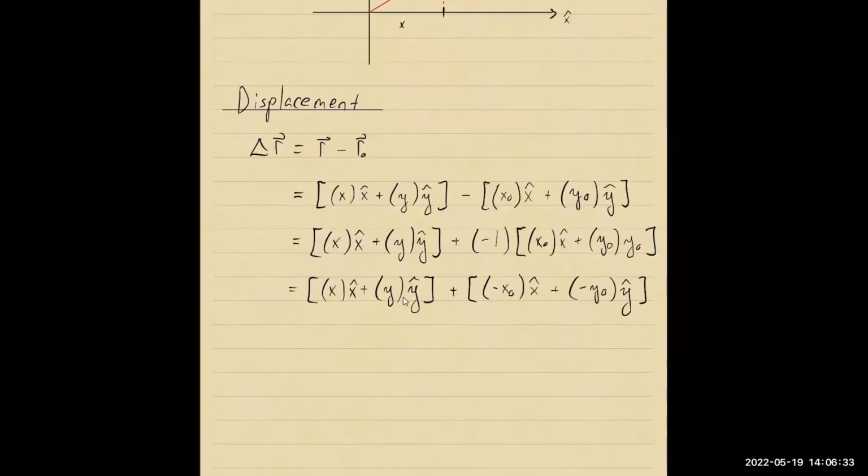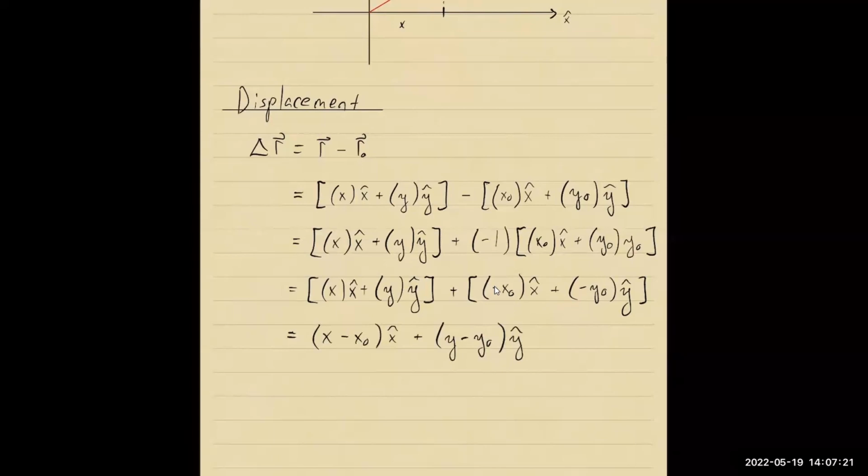And so now we're just adding two vectors together. And the way that you do that is you add their x components together, and that's all in the x direction. And then you add all their y components together, and that's all in the y direction. So our displacement becomes x plus negative x naught, or minus x naught, in the x direction, plus y plus negative y naught, or minus y naught, in the y direction.